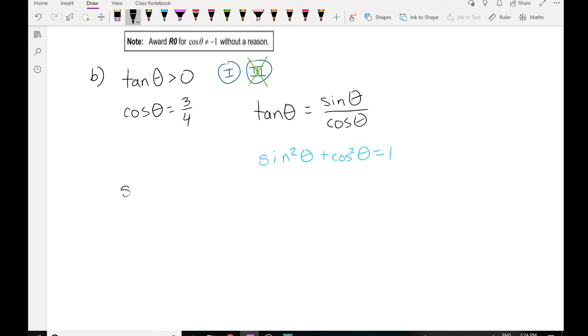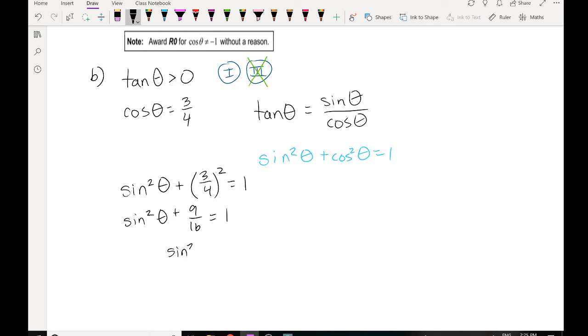If I go to find sine theta, I'm going to pop 3 over 4 in for cos. 3 over 4 squared would be cos squared theta, and that's equal to 1. If I just go about simplifying this, sine squared theta plus 9 over 16 equals 1.